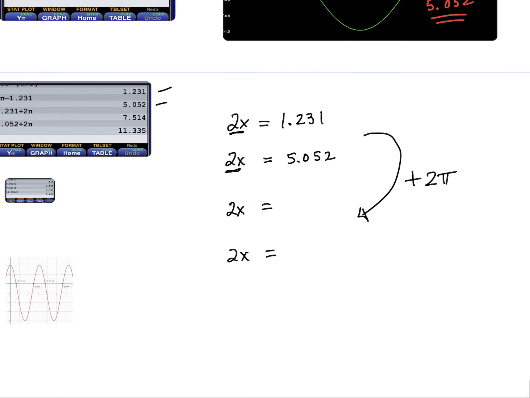Now take each one of those and add 2 pi, add 2 pi. So then we get 7.514 and 11.335. All right, the last thing to do is divide by 2 on all of those.